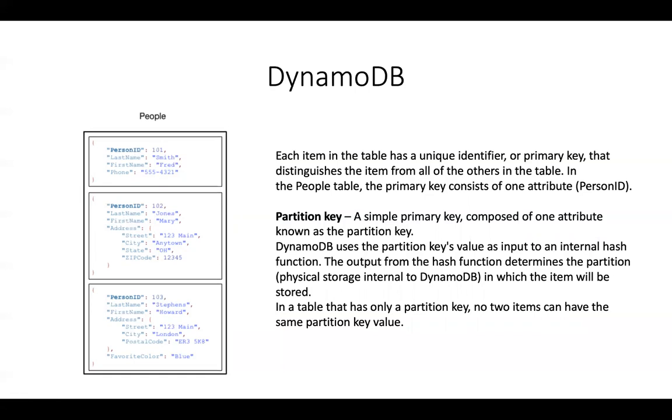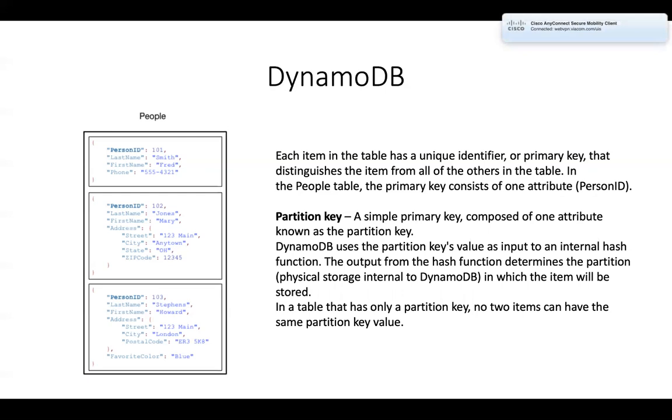So a simple primary key, you can call this a primary key in your relational database, but when it comes to DynamoDB's terminology, you call it a partition key. It is composed of one or more attributes, right? And the main purpose of using a partition key is because DynamoDB uses that partition key's value as an input to an internal hash function, and it determines that it's unique in nature, right? You are using your partition key in order to do searching capabilities and so on, right?